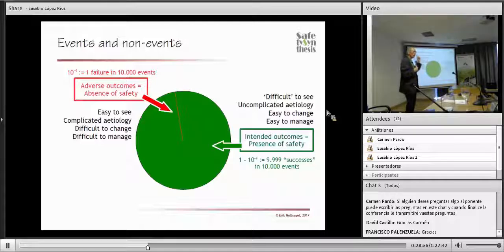We look at that event, at one event out of the 10,000. And we have to look at it because we have laws and regulations that require us to report them and to analyze them. Companies are interested in them.